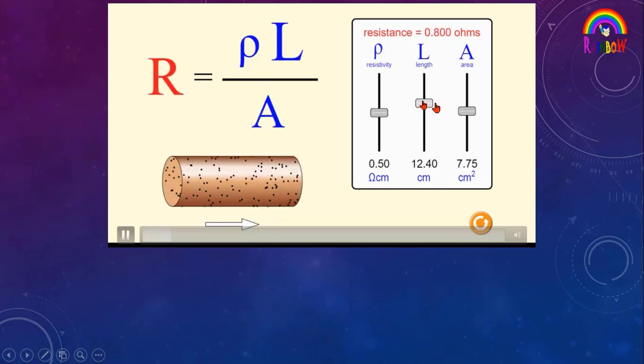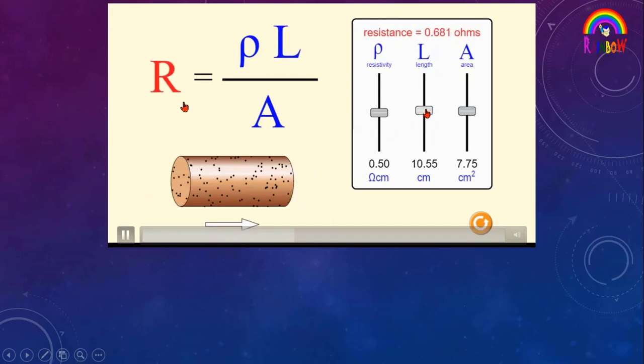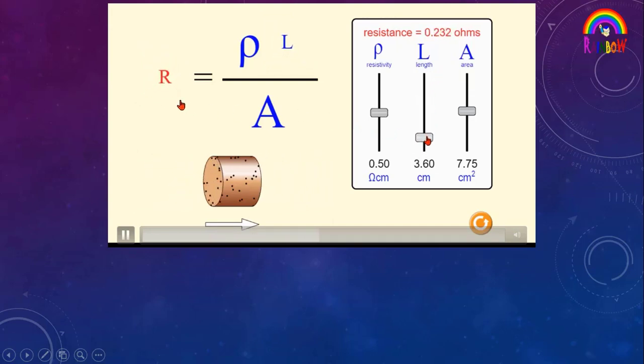Children, see here, if I increase the length of the conductor, the resistance also increases. And if I reduce the length, see, the resistance also decreases. Thus, we can say that resistance of a conductor is directly proportional to its length.